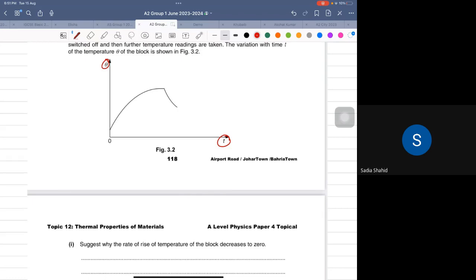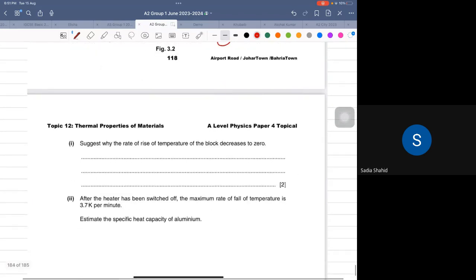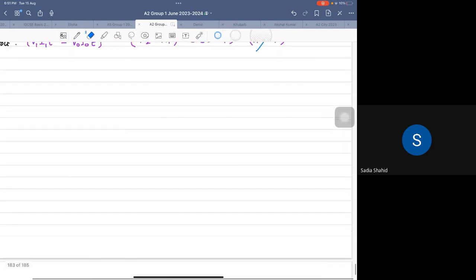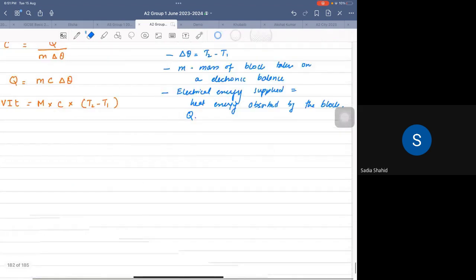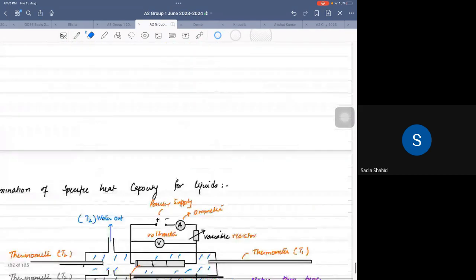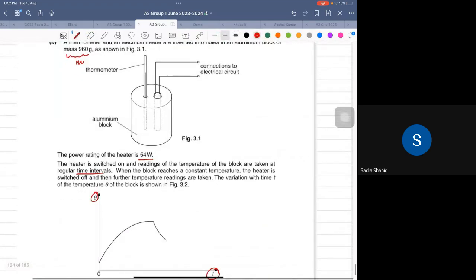Then the next part asks why the rate of rise of temperature of the block decreases to 0. What you need to understand is that in our diagram we put insulation to keep the temperature maintained, but in this one there is no insulation. Nobody is going to tell you this.